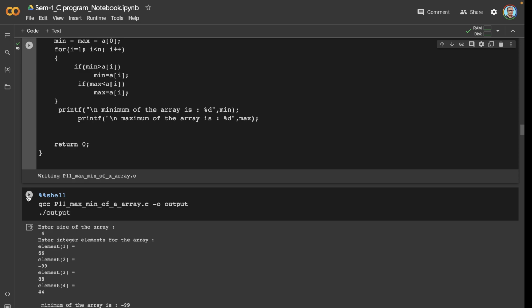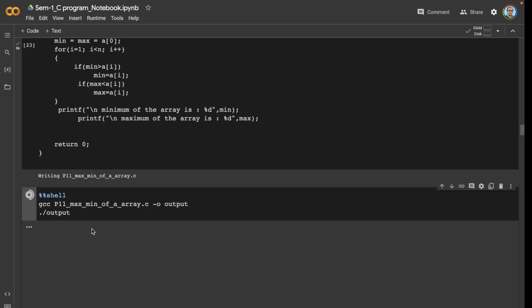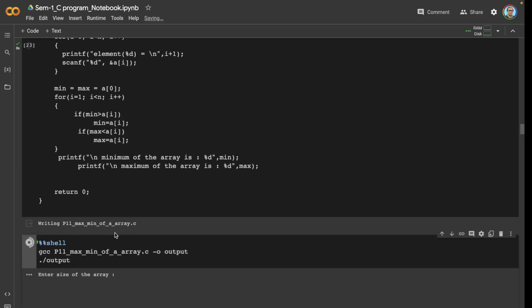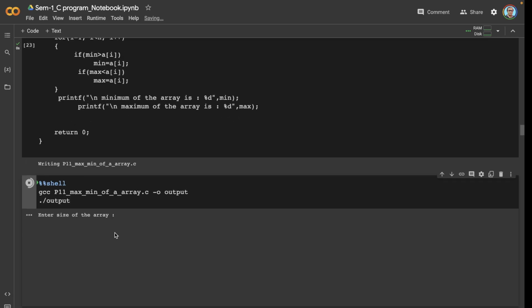Run and compile this program. We put here an integer value for the size of the array, suppose 5. We put here 5 numbers. First element, say 10. Next, minus 40.